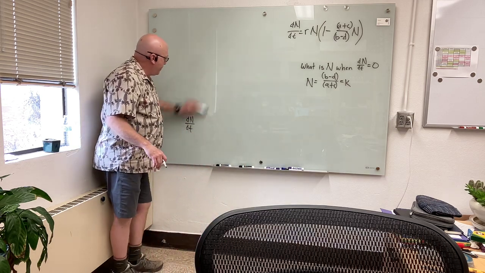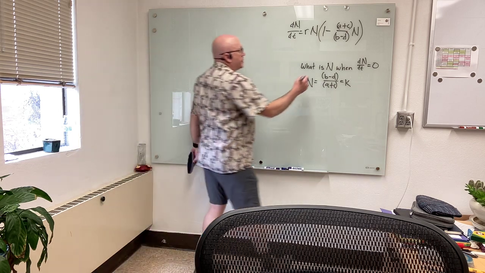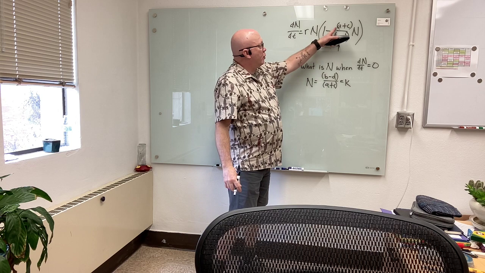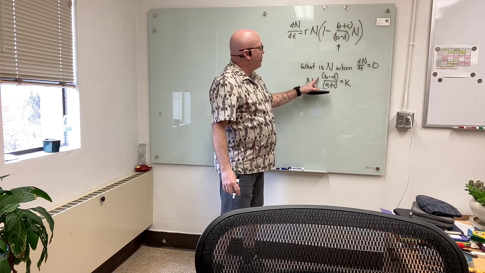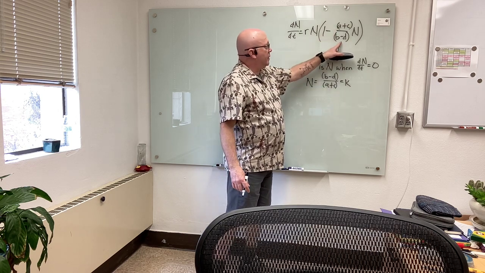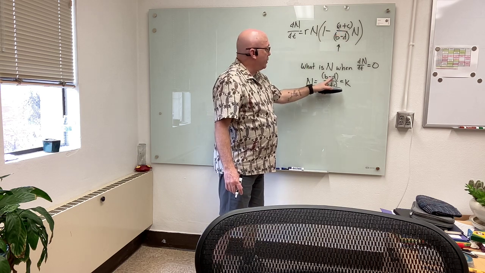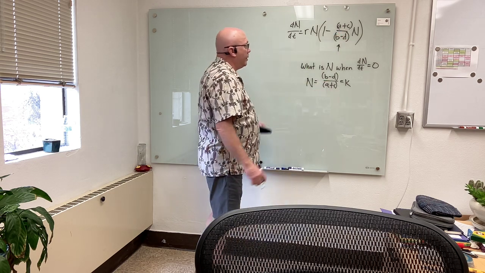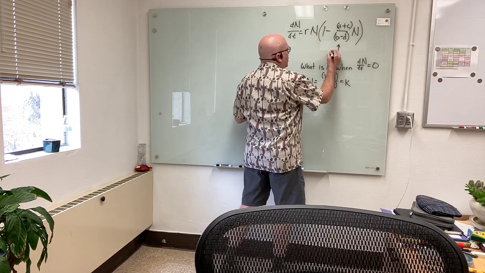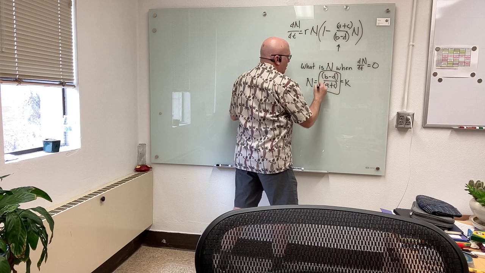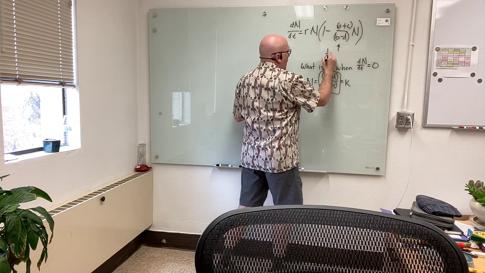And then if you look at this expression right here, you see that this expression is the reciprocal of this expression. B minus d is in the denominator, a plus c is in the numerator. Here, b minus d is in the numerator, a plus c is in the denominator. So this expression here is just basically, if this is k, this is 1 over k.